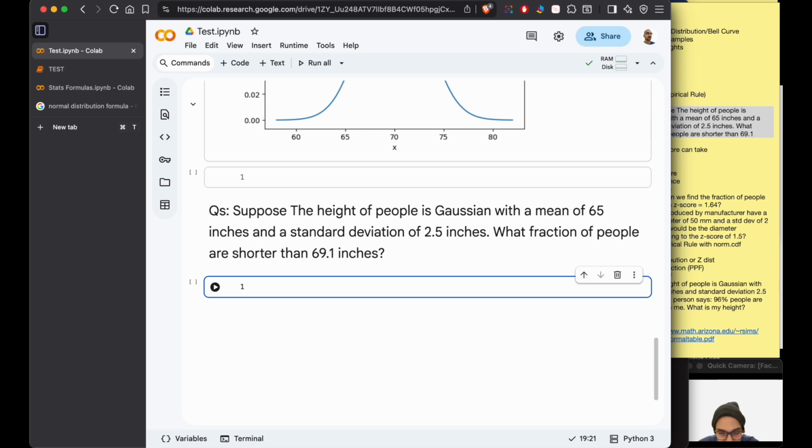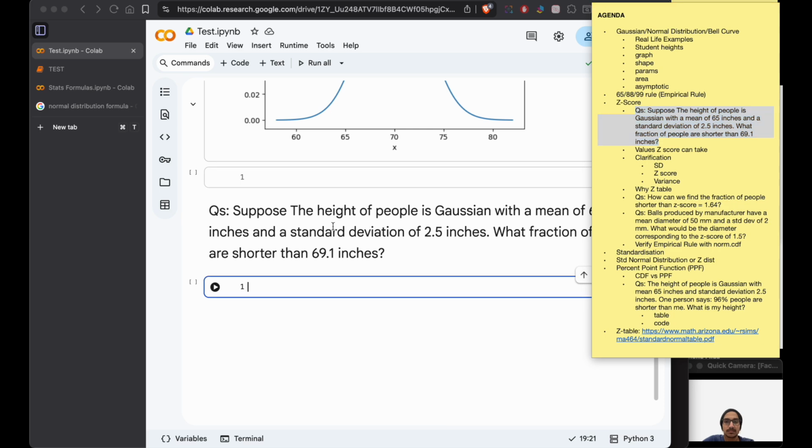So it's clearly giving us that the height of people is normally distributed with the mean of 65 inches and a standard deviation of 2.5. So it's asking what fraction of people are shorter than 69.1 inches, right?